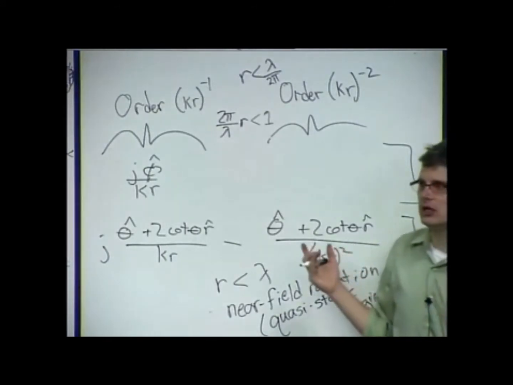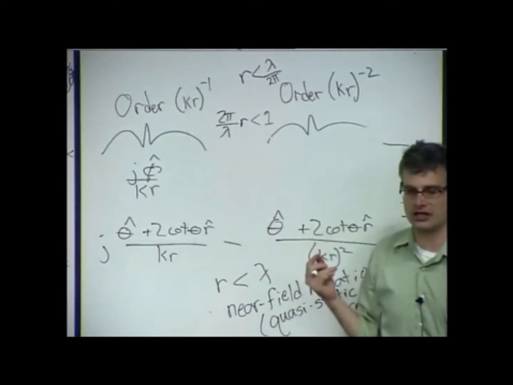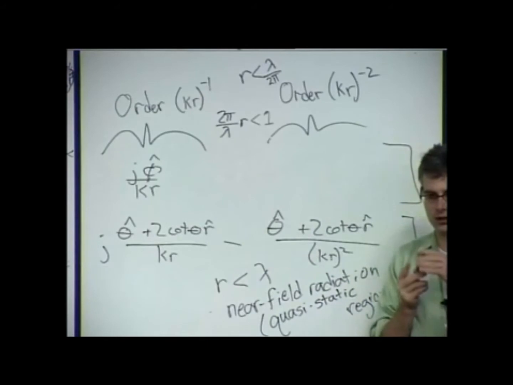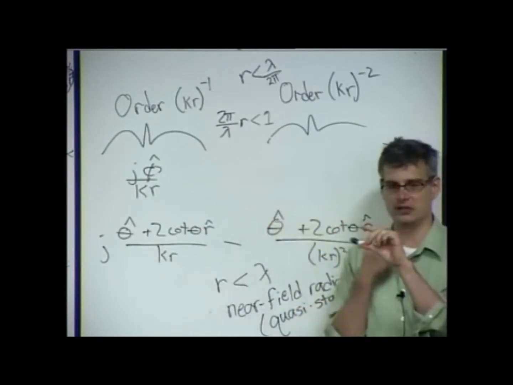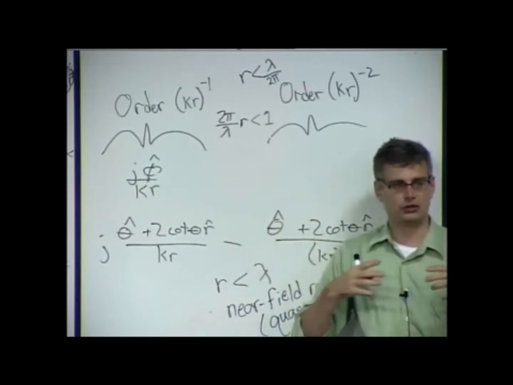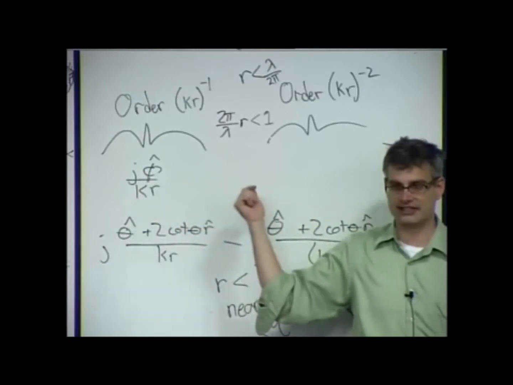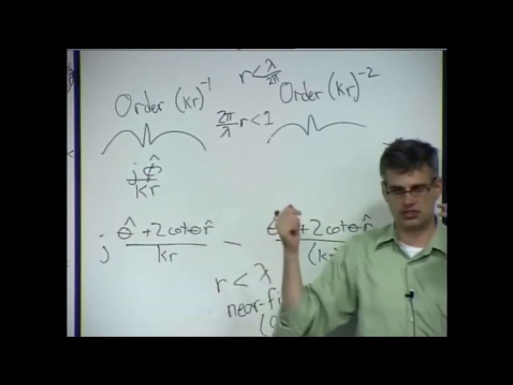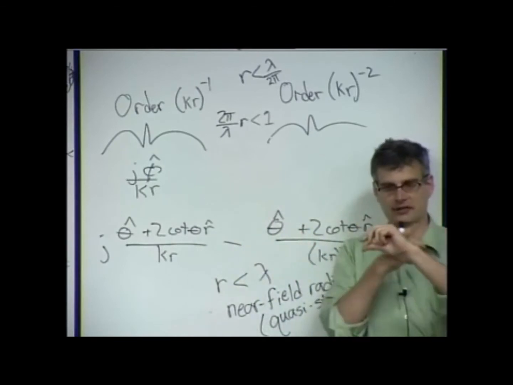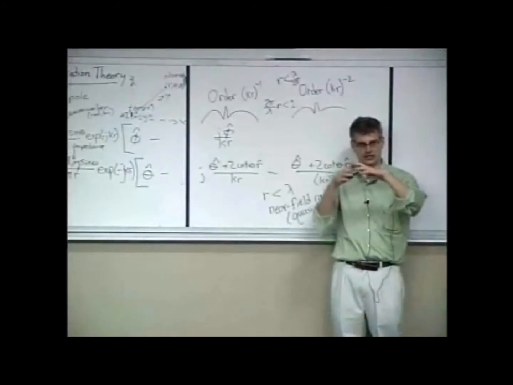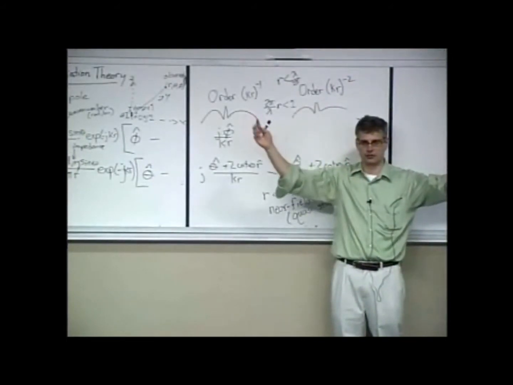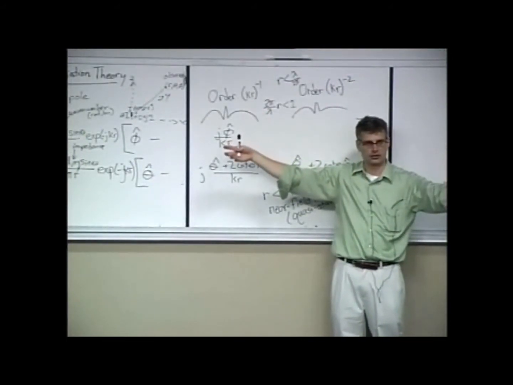And the reason why we call it quasi-static is because if you think of a little line of current, if it wasn't oscillating, it would still have a magnetic field around it. It wouldn't be sending any traveling waves out like this antenna would. But if it was just a DC magnetic field, it would still be like a magnetic dipole moment that fell off as a function of 1 over r to the third.